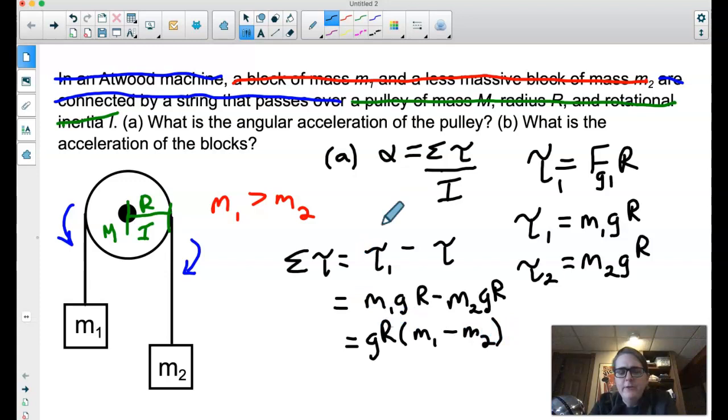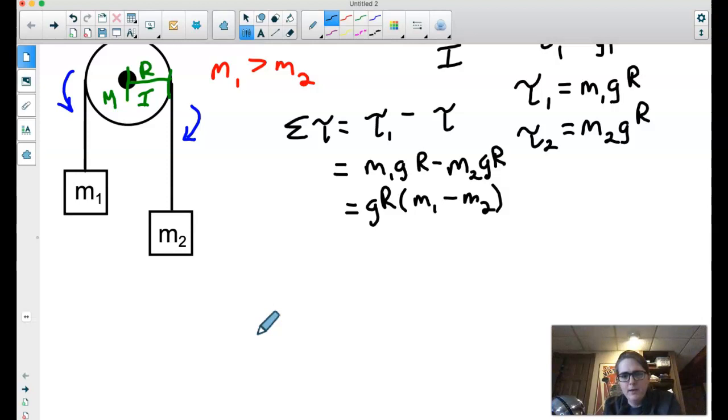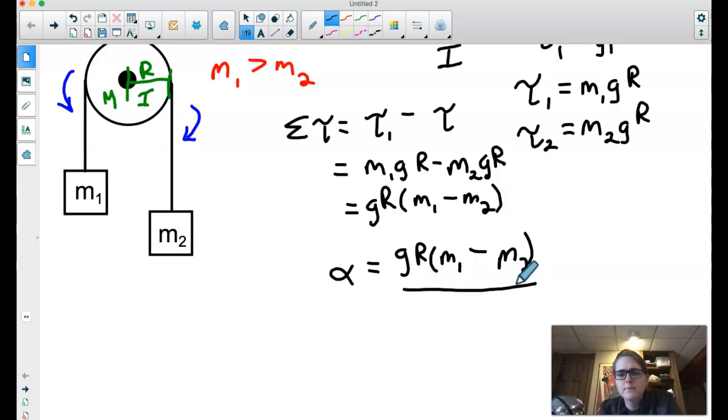Once I've got this, all I have to do is go back and plug it into that second law for rotation to get that my angular acceleration is equal to the net torque, which I have just above, divided by the rotational inertia. And that right there would be my answer to part A.